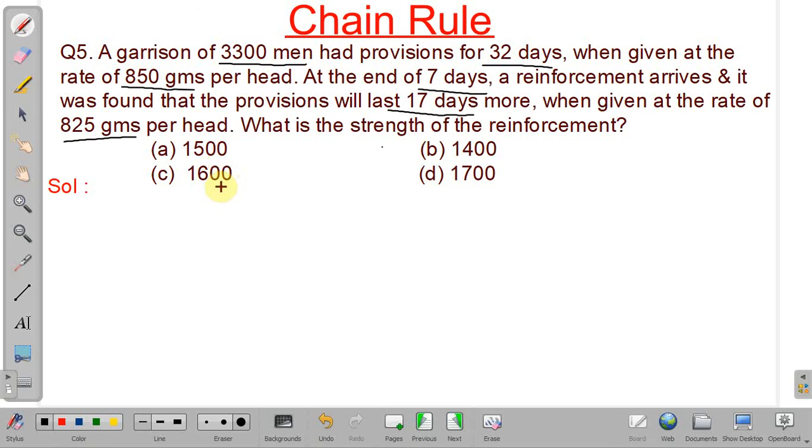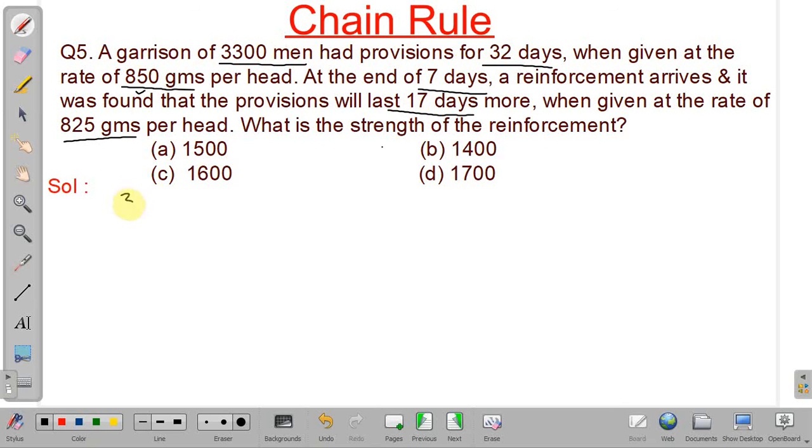So we have to find the strength of reinforcement. So see, initially when 3300 men were there, after 7 days, if we consider only 3300 men and rate 850 grams per head, then it should have lasted for 25 more days.